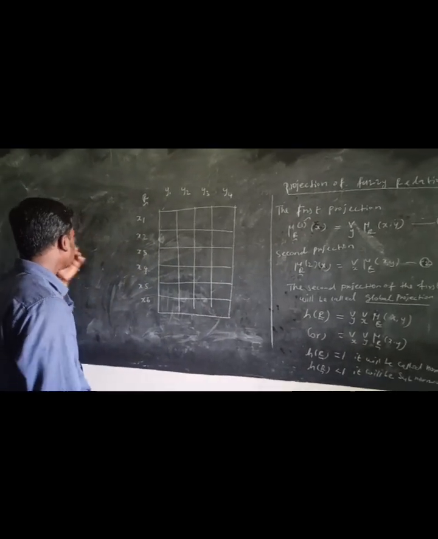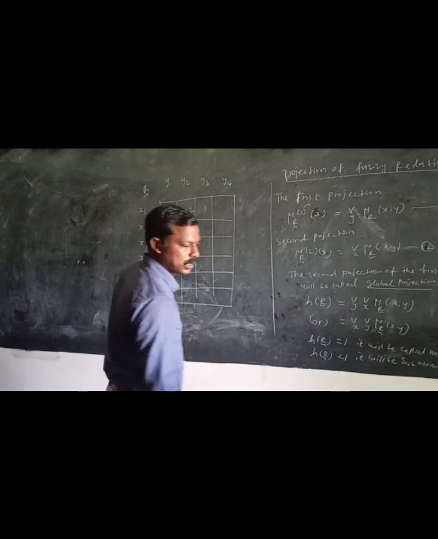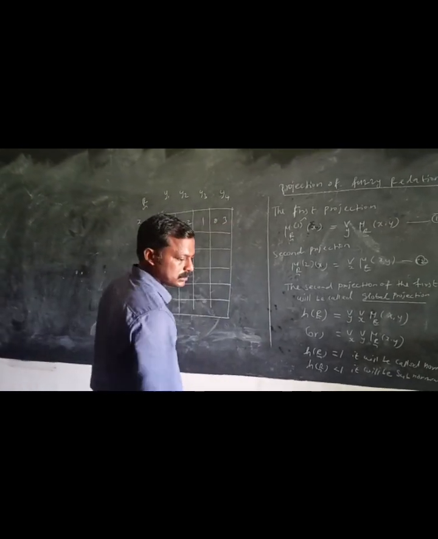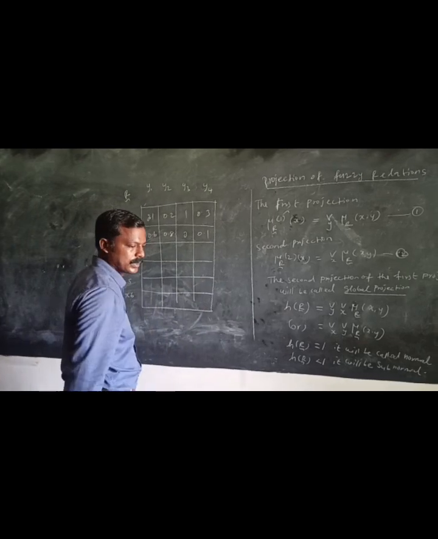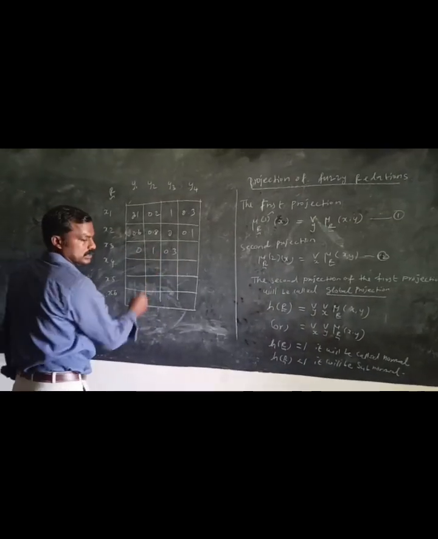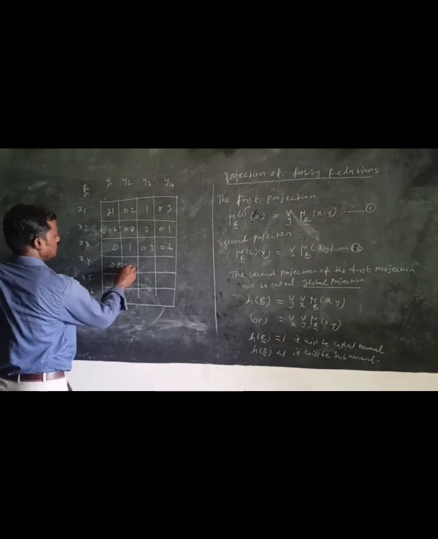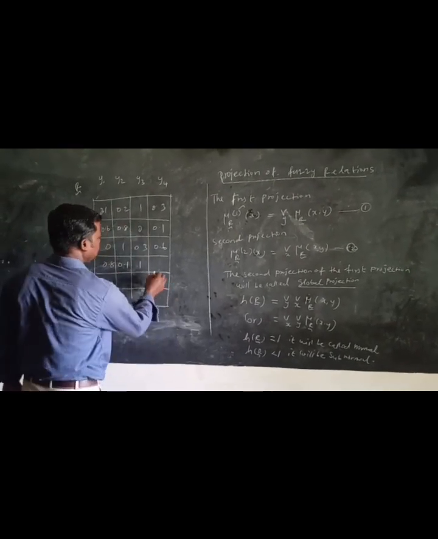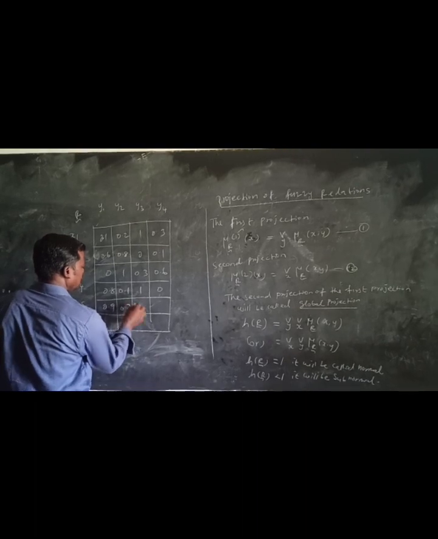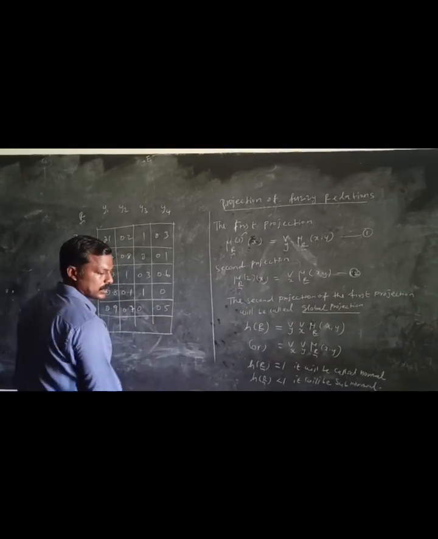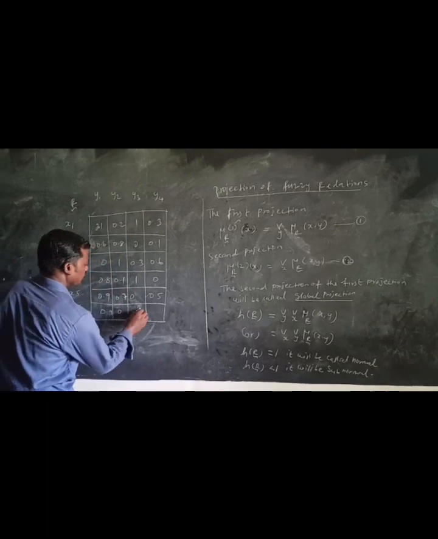Now we take some values: 0.1, 0.2, 1, 0.3; 0.6, 0.8, 0, 0.1; 0, 1, 0.3, 0.6; next 0.8, 0.1, 1, 0; next 0.9, 0.7, 0, 0.5; next 0.9, 0, 0.3, 0.7.